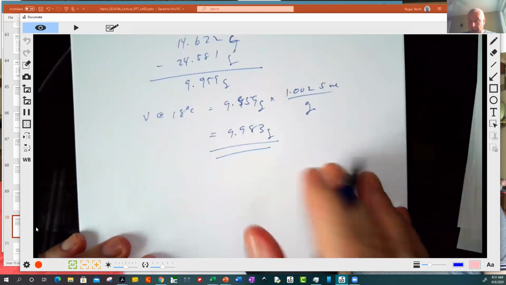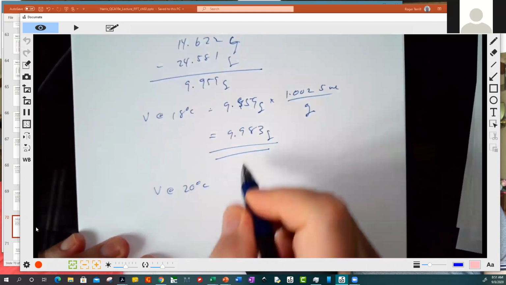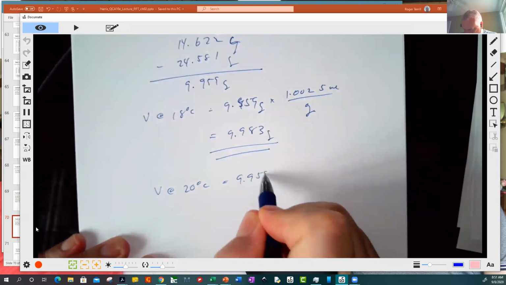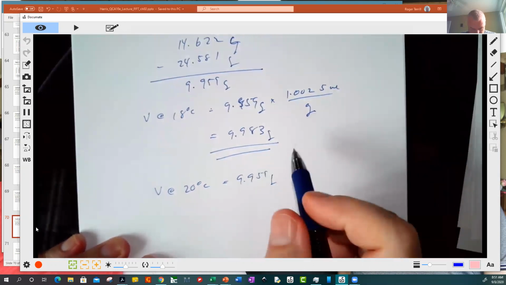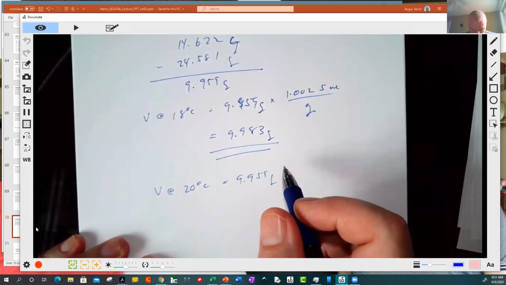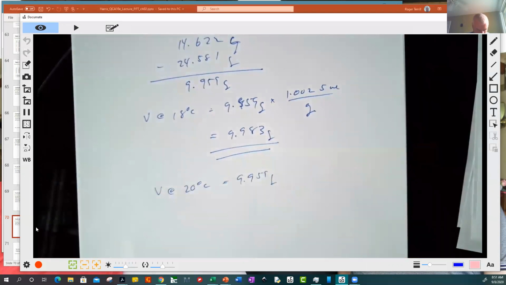Now the volume at 20 degrees, we can use the same mass, 9.959 grams, and we're simply going to multiply by the correction factor to get us to 20 degrees C here.